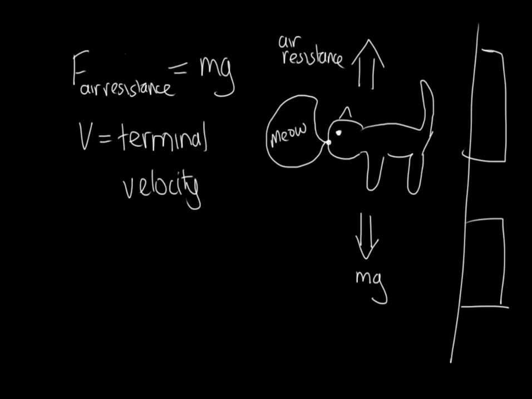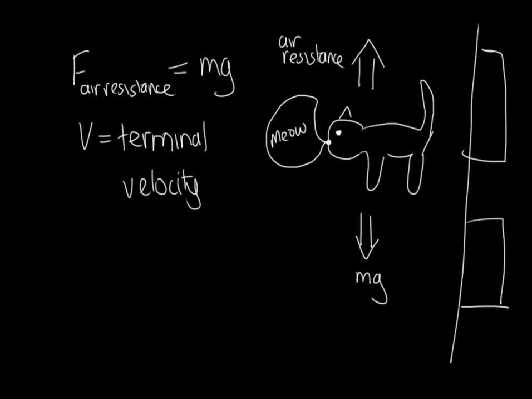So they actually did a study of all the cats that had fallen out of their apartments in New York. And they found that the highest mortality rate for the cats was for cats which had fallen from the 7th floor. So the belief was that cats will reach their terminal velocity when they've fallen 7 floors.